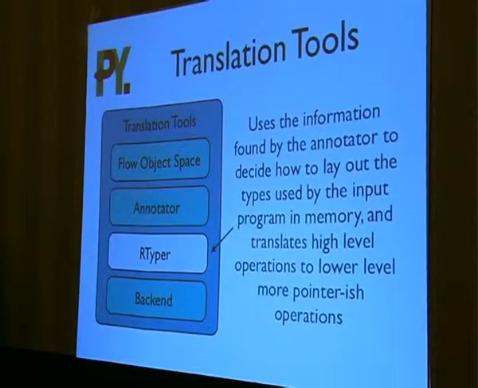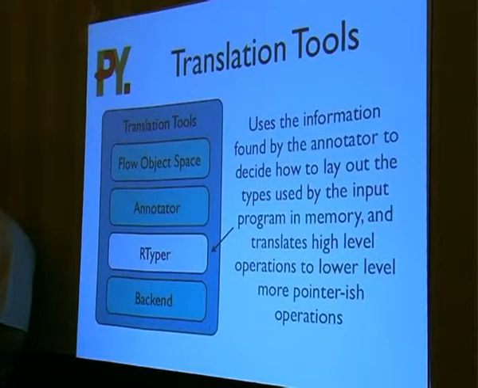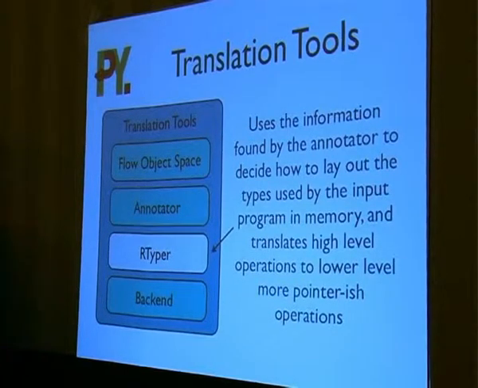The R-typer, which is PyPy's sort of mystery box, does a very important job, which is fairly hard to explain. It takes the annotations produced by the annotator. The annotator doesn't modify anything in the graphs.